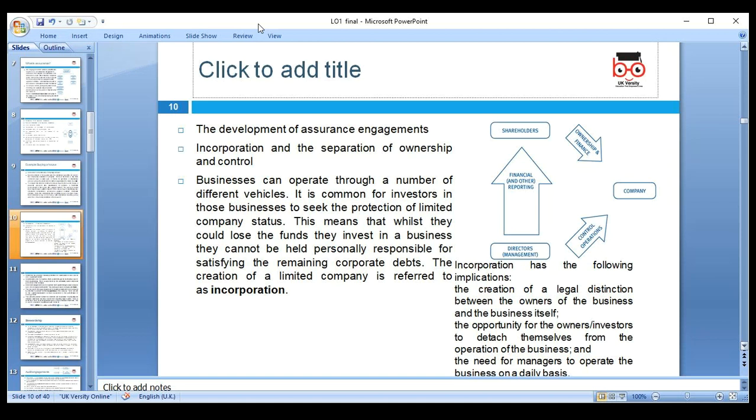It is common for investors to seek the protection of limited company status. This means they could lose the funds they invest in the business, but they cannot be held personally responsible to satisfy the remaining corporate debt. The creation of the limited company is referred to as incorporation.